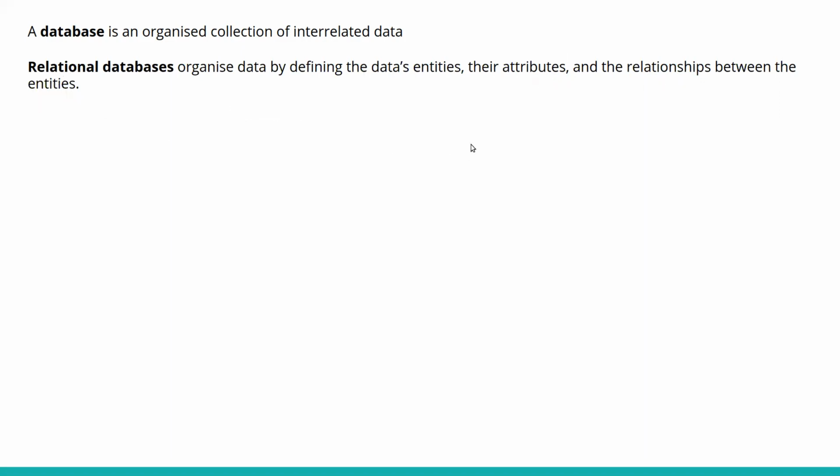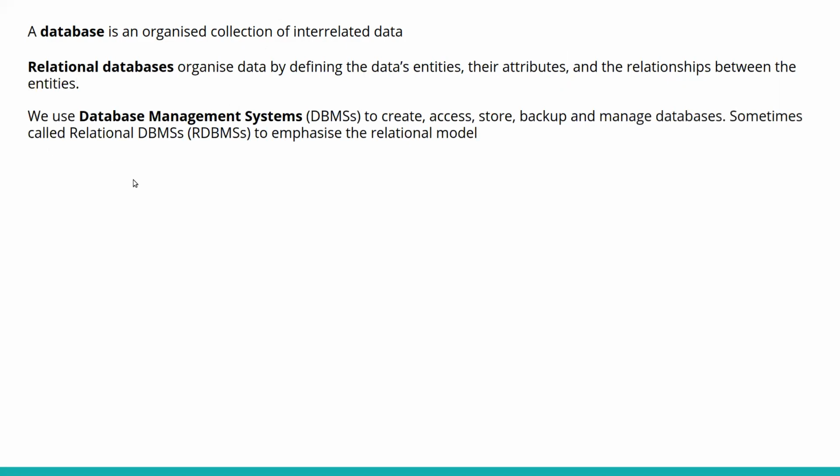But if the data in a database is organized according to attributes, relationships, and entities, then we call it a relational database. One piece of terminology, it's fairly self-explanatory based on the name. The thing that we use to manage our database and to create it and to back it up and to access it and to store it is called a DBMS, a database management system.